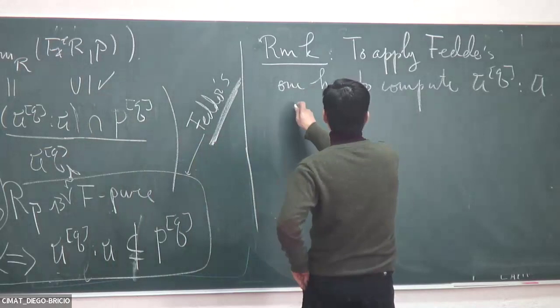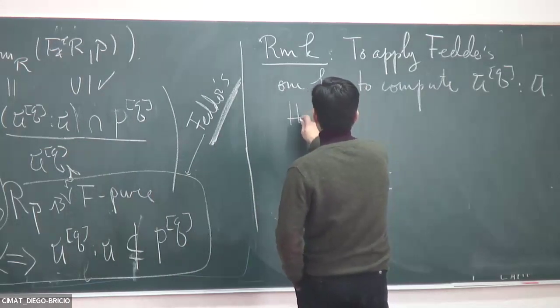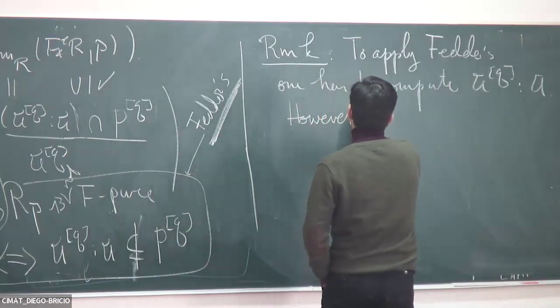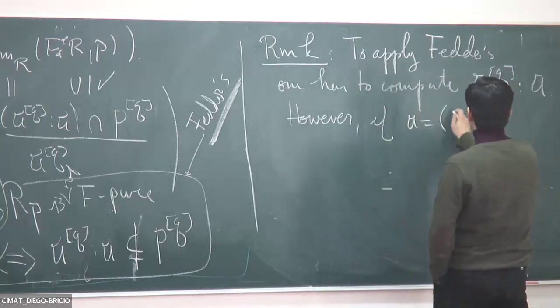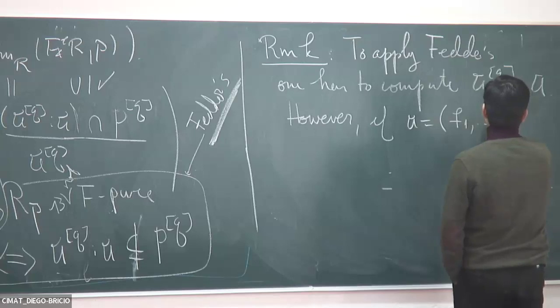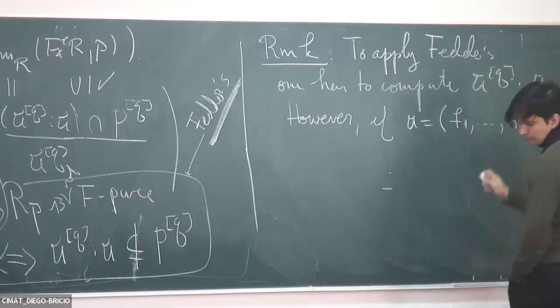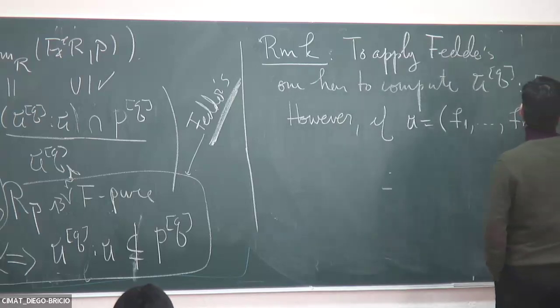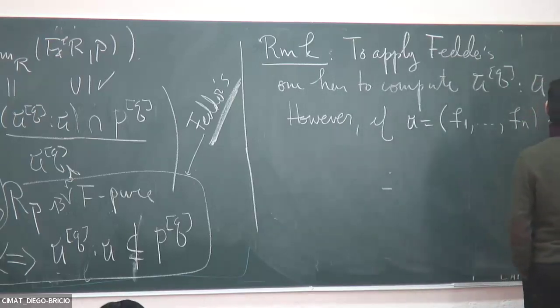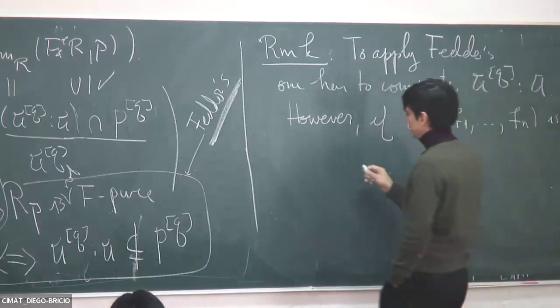So, however, if A is generated by a regular sequence, how many elements do we want? Doesn't matter. A is generated by a regular sequence.